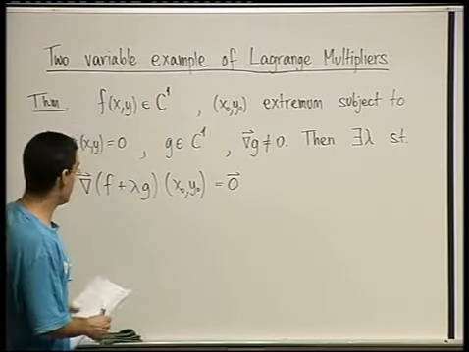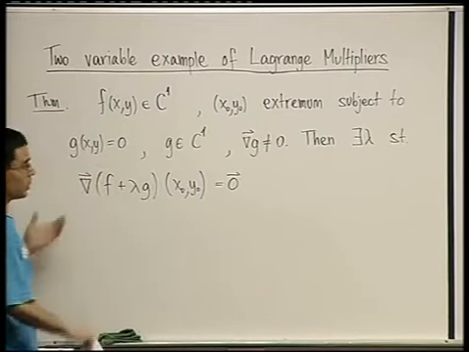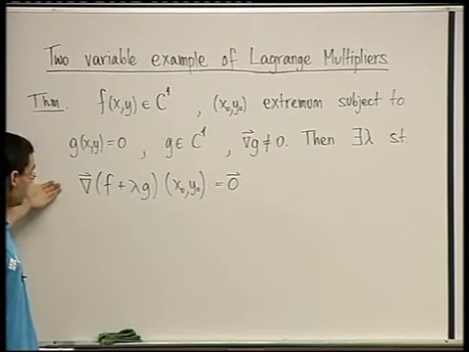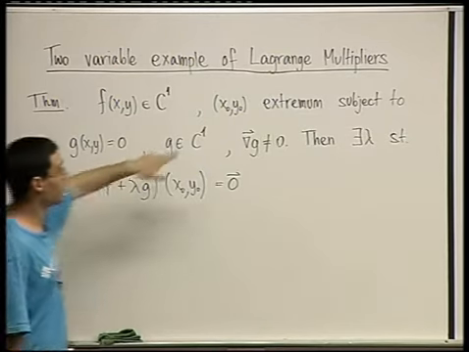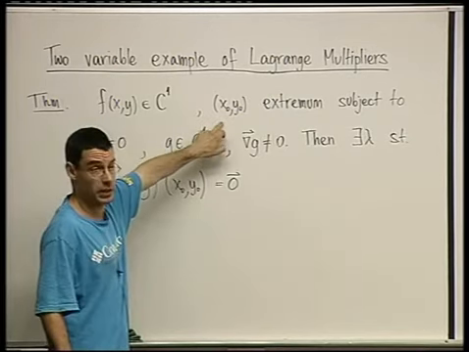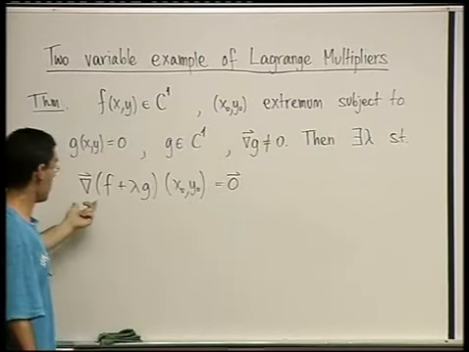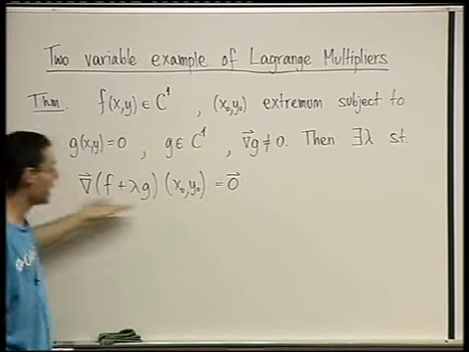Okay? And the way to use this theorem, which we're going to show in an example in just a minute, is if we're looking for points that are critical, that are potentially extremal, what we do is we find points that satisfy this.